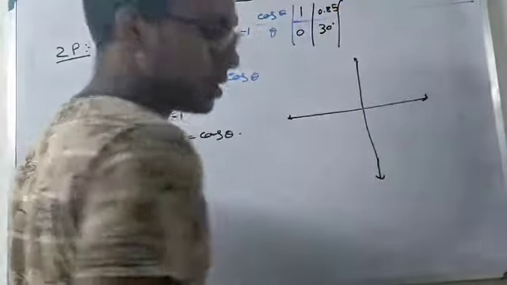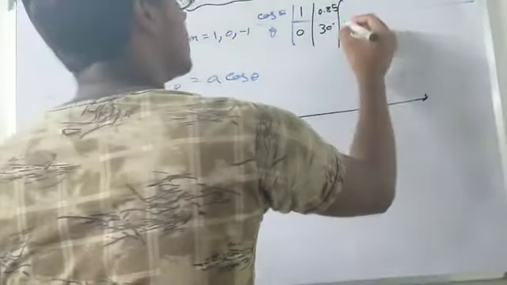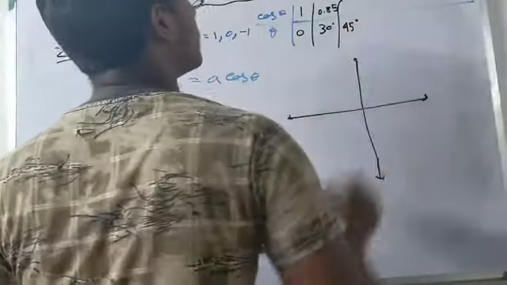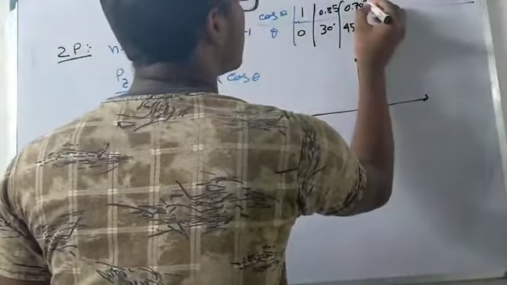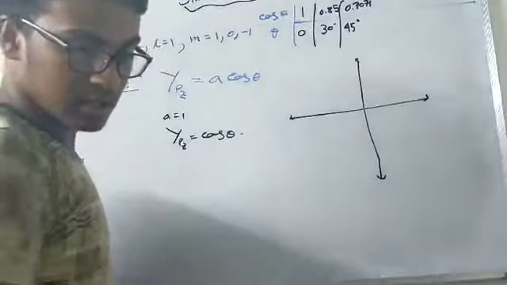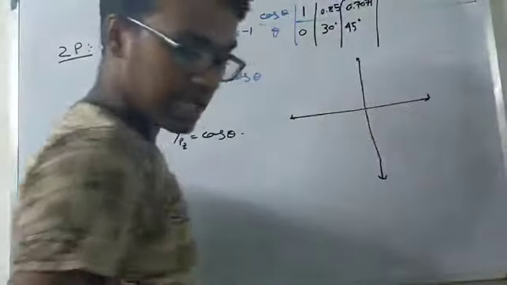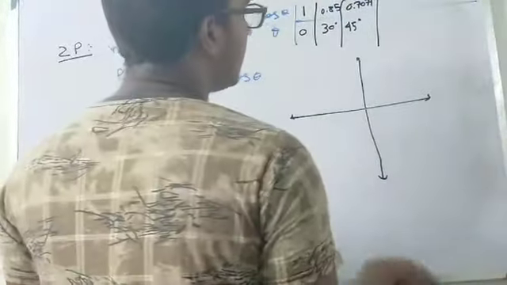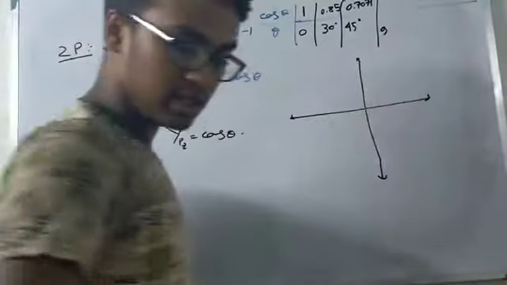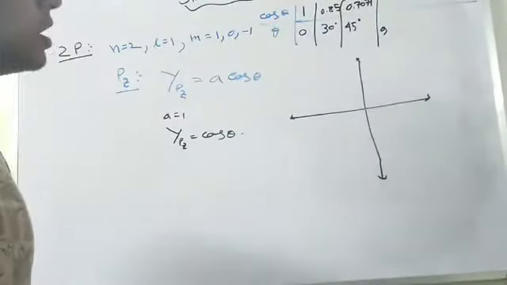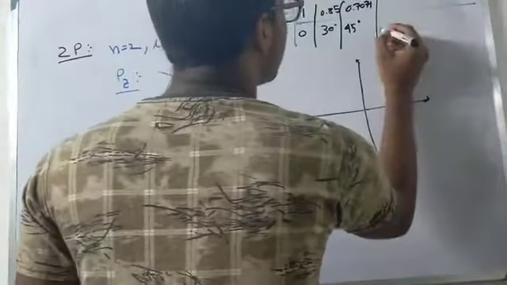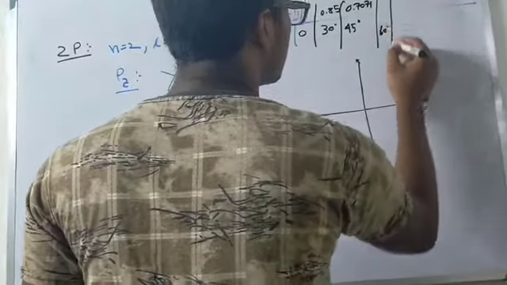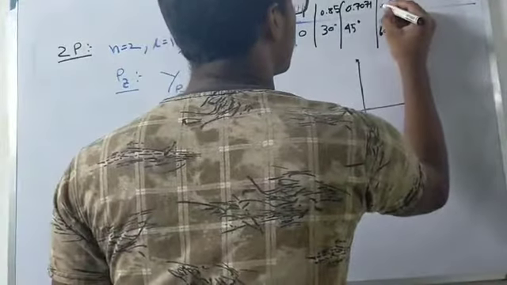At 45 degrees, the value is 0.7071. At 60 degrees, a very familiar angle, the value is 0.5.